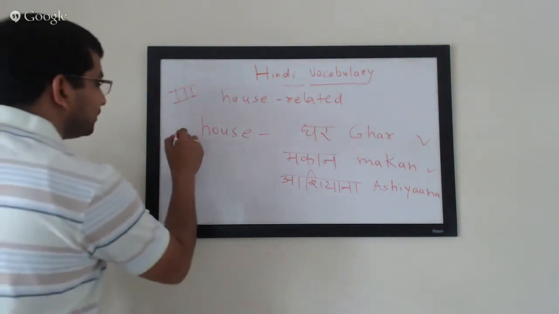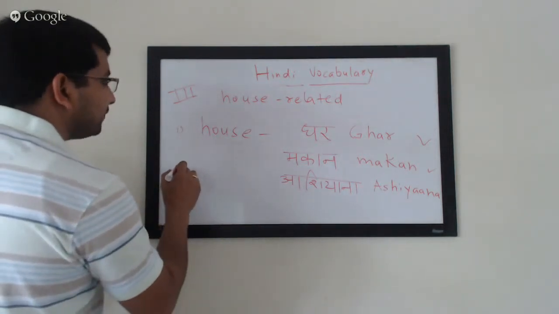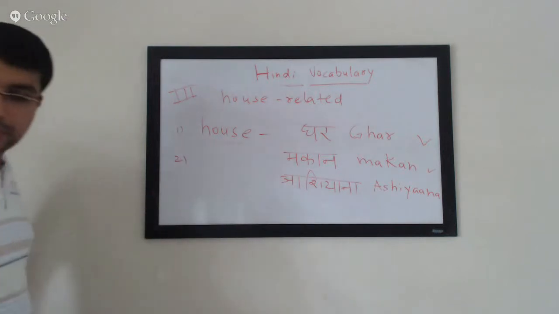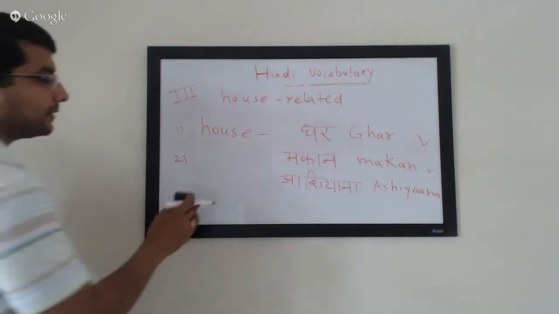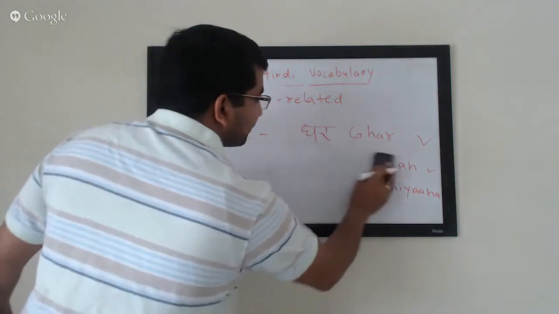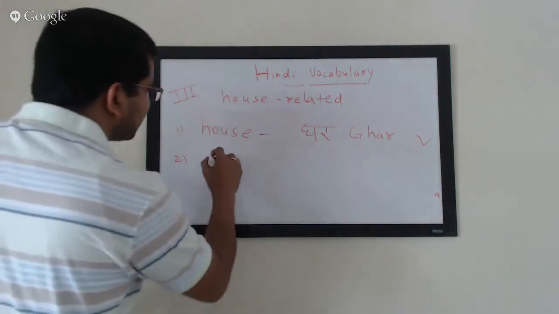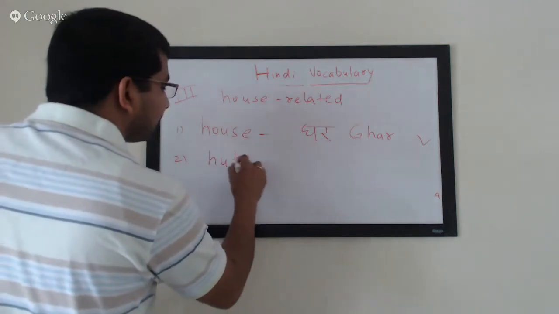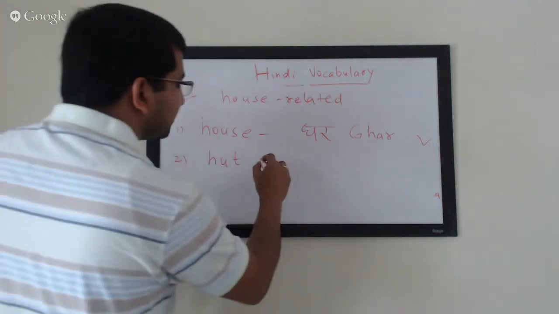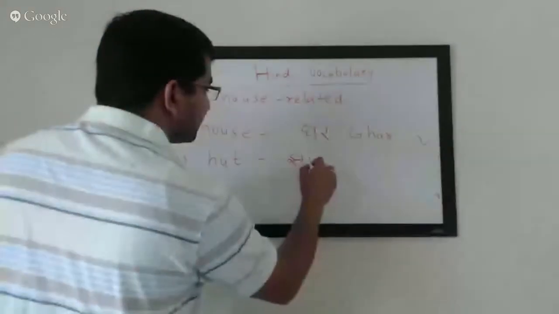That's the one word. The second one is basically a smaller unit of a house. Let's say there's a hut, a small hut. How do you say hut in Hindi? Hut is nothing but a jhopdi.